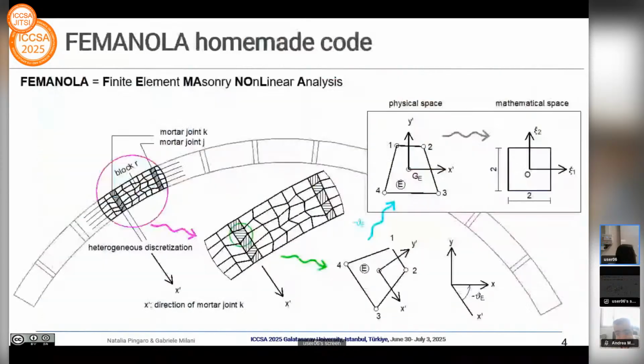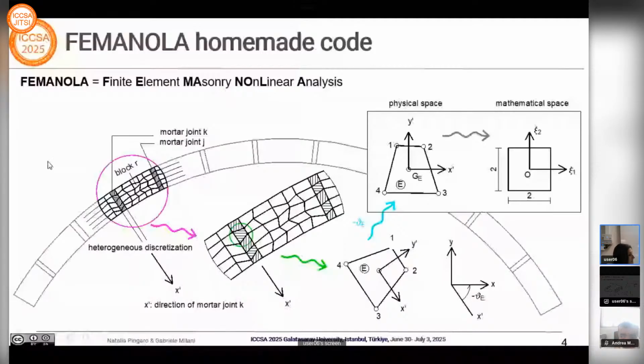Femanola, which stands for Finite Element Masonry Nonlinear Analysis, is a newly developed in-house nonlinear static finite element software which employs a fully explicit iterative elastic method to handle material nonlinearities. The mortar joints are discretized using 4-node isoparametric elements with the normal stiffness in the joint direction set to 0.